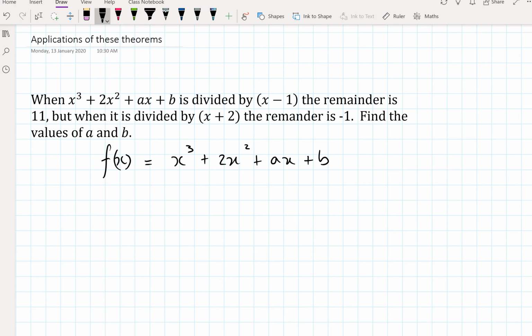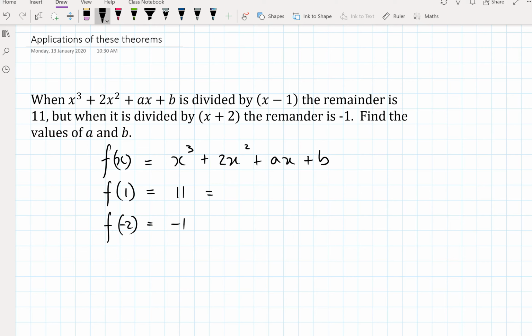So if I'm dividing by x minus 1, if I substitute f of positive 1, the thing that will make that bracket 0, I'm going to get my remainder, and that remainder is going to be 11. If I find f of minus 2, the value that will make this bracket 0, that's going to give me a remainder of minus 1.